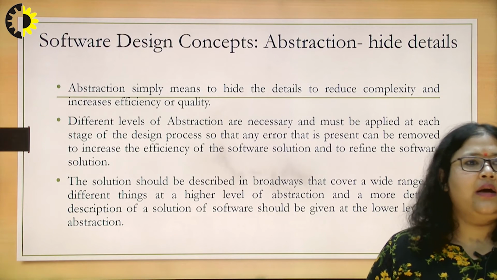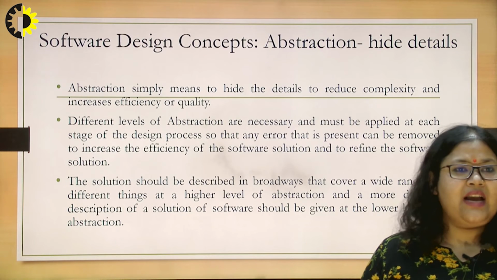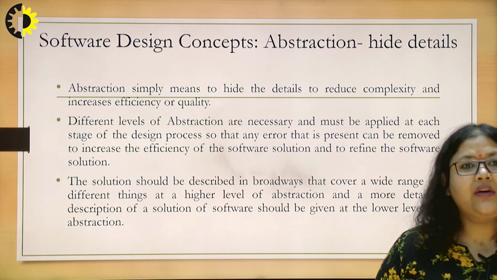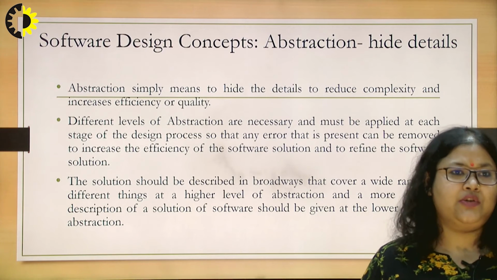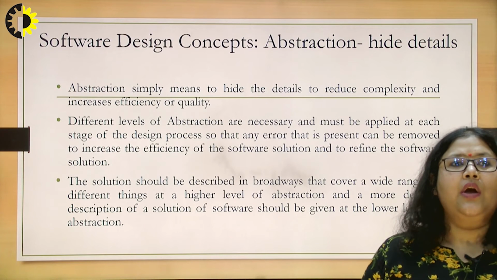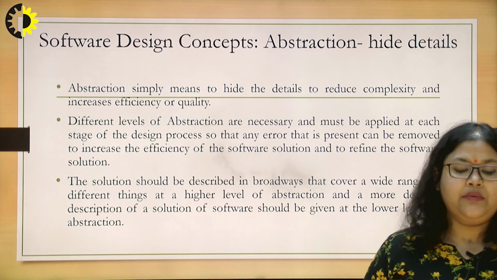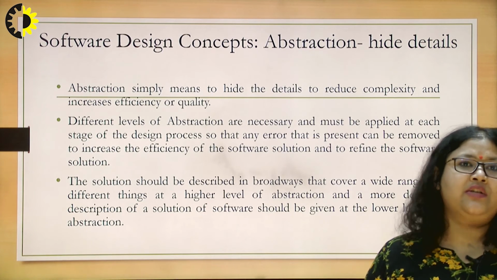So the solution should be described in a broad base that covers a wide range of different things at the higher level of abstraction. Basically, abstraction is used for maintaining the quality or increasing the efficiency of the software.